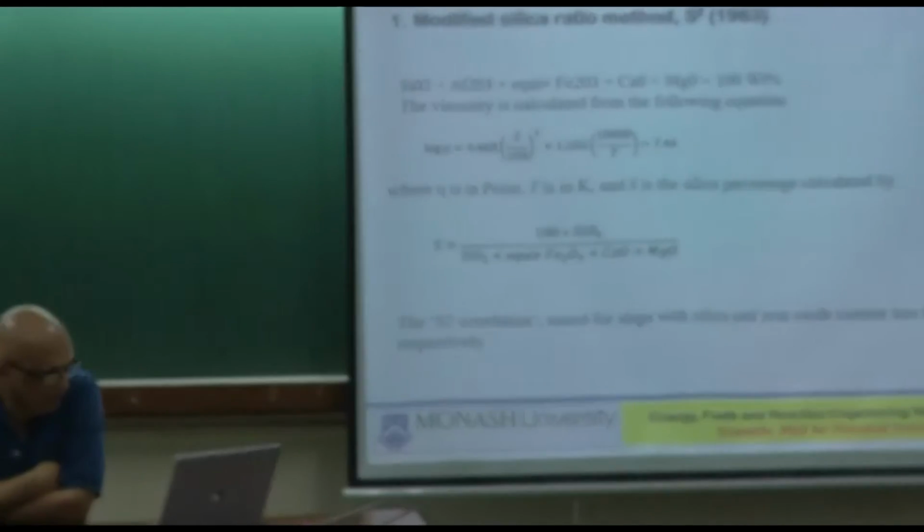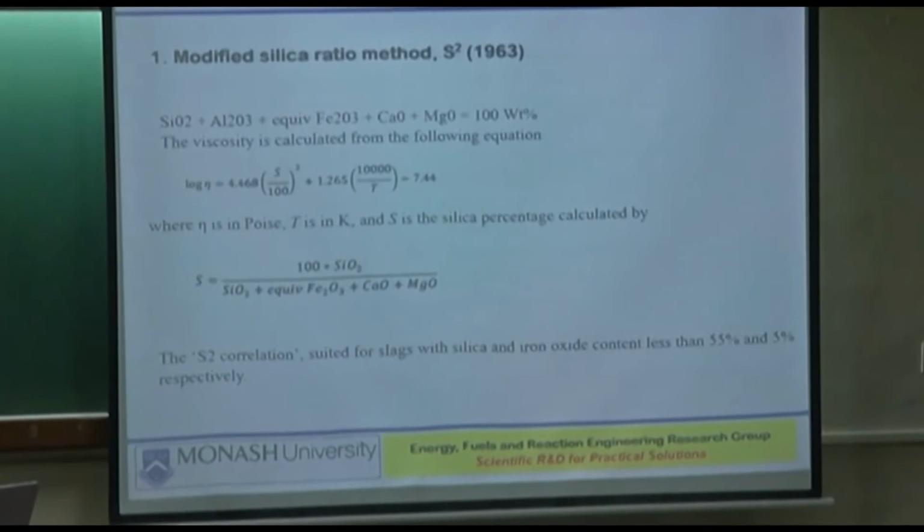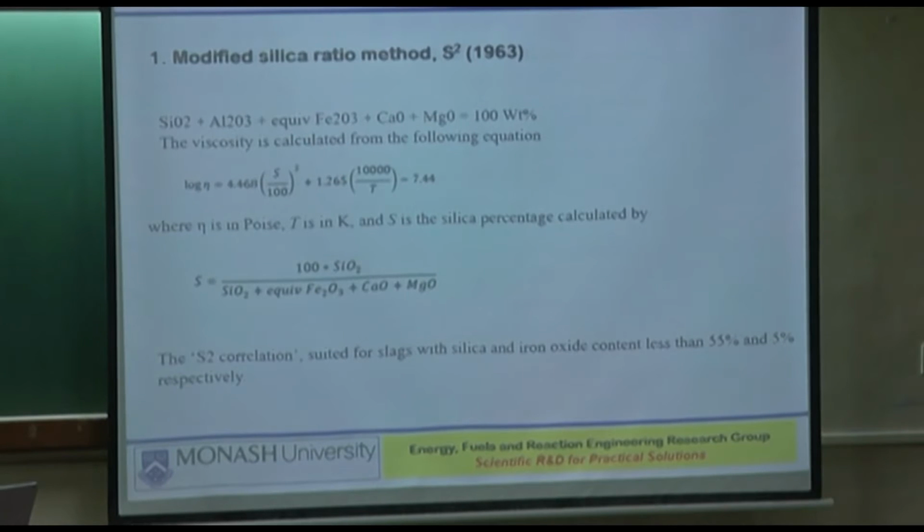But the important point to note here is that this particular correlation is suited only for slags with silica and iron oxide content less than 55% and 5% respectively. For the other ones, beyond that, it doesn't work.